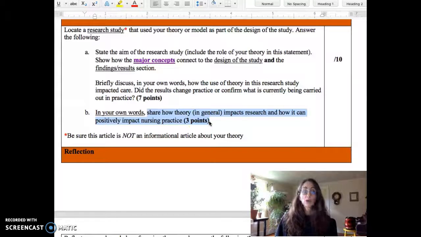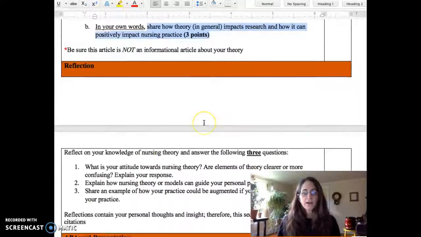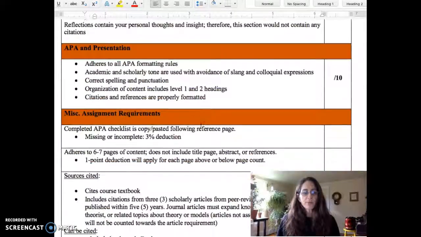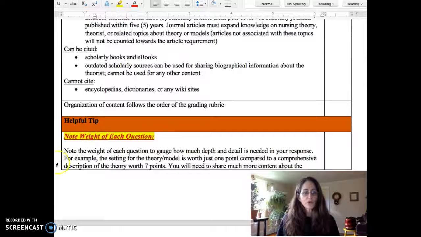You're not going to write a whole lot. You're going to write maybe a few sentences. This is just what do you think about it, right? Okay. So that's why I put this point here. Note the weight of each question. It really does help you know how much to write. Okay. I hope this helps. Please be in touch. I'm here all day. Let me know.